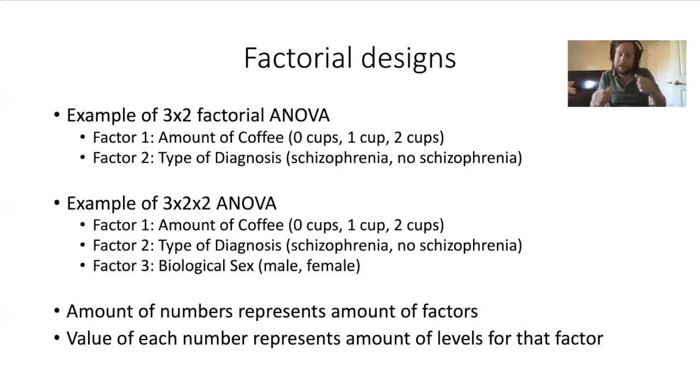And often, though there are some exceptions, usually one factor is going to be manipulating some cognitive component, and then there's another factor which is going to be manipulating the neuroscience component. And so in cognitive neuroscience, factorial designs are basically the norm. Almost everything that we're going to be dealing with in this class is going to be factorial designs.